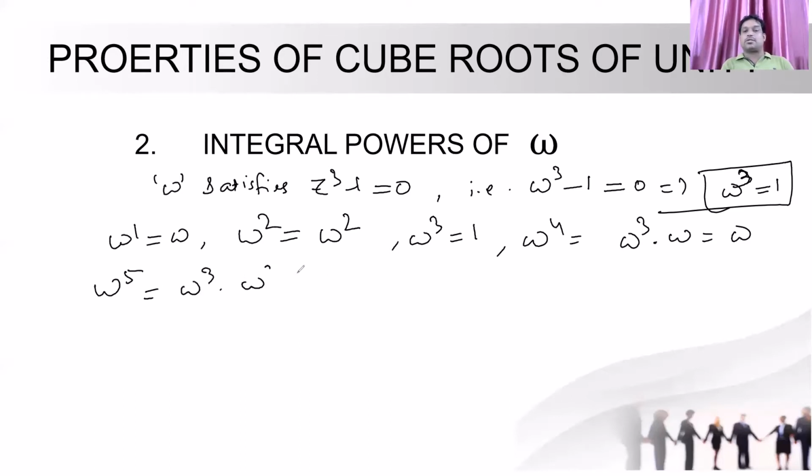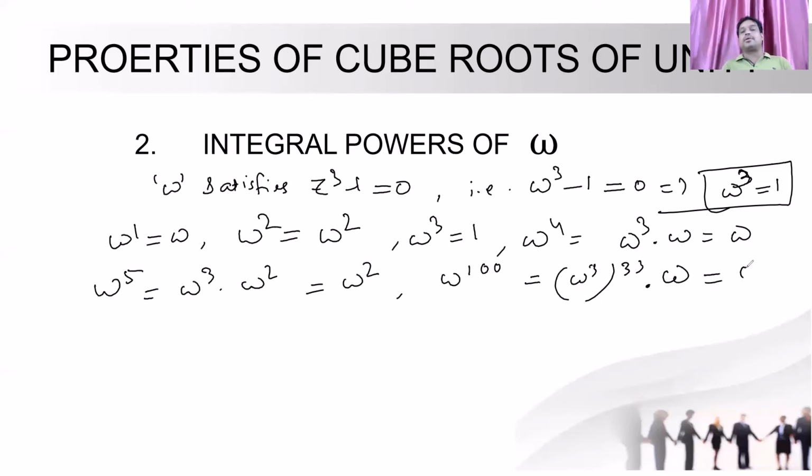Omega cube into omega square, that is omega square. Similarly, if I want to know omega to the 100, you write omega to the 3 to the power 33, that is omega to the 99 into omega. That means omega. Omega to the 100 equal to omega.